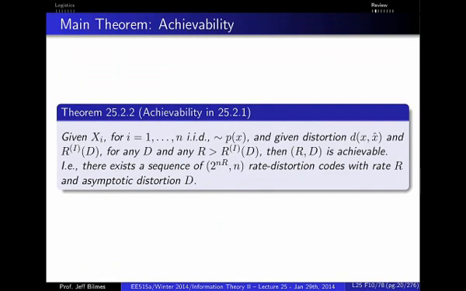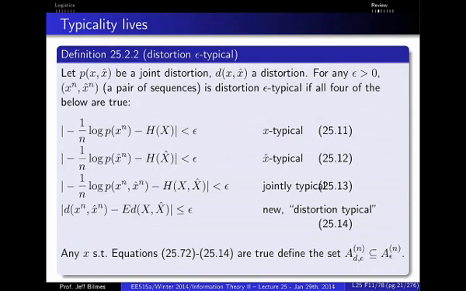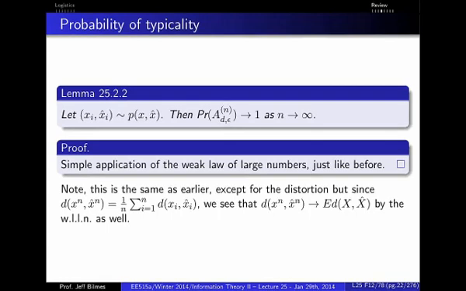So here's the achievability idea. I've already just said that, so I'm not going to say this again. We defined the notion of distortion epsilon typicality, and it was very similar to the joint typicality that we saw in the channel capacity case, except that we added this last condition on distortion typicality as well. And then we have these distortion typical sequences, and we saw that the distortion typical sequences eventually get all the probability.